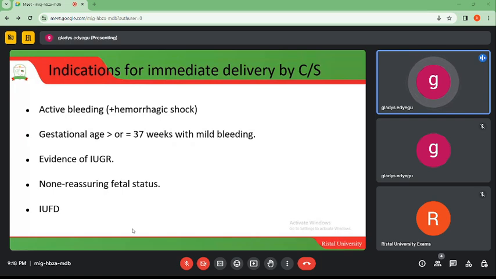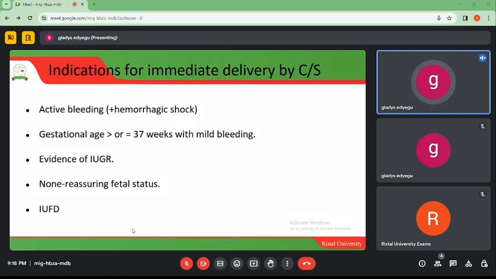Then if there is evidence of IUGR, intrauterine growth restriction, where the baby is not growing well, the baby can be smaller than the gestational age when delivered. So this baby can be at risk of even dying in the uterus.